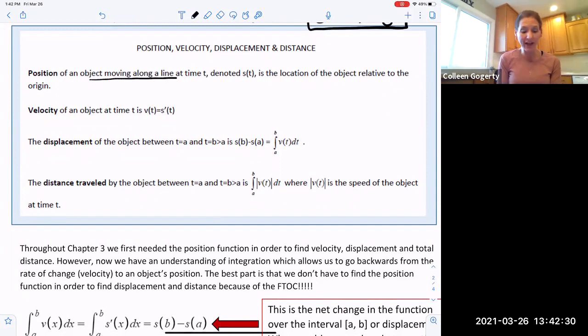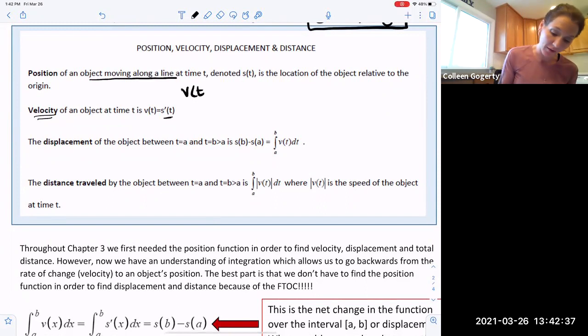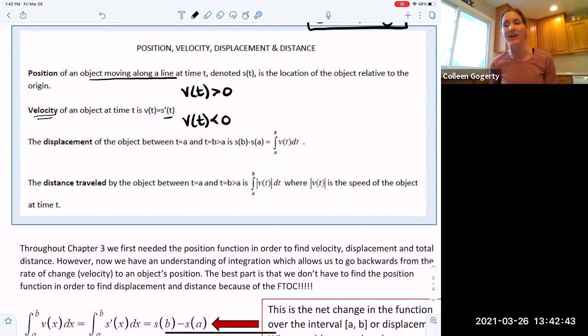We're looking at an object moving along a line, so a straight line. Velocity, we have learned, is the derivative of position. Something else I want to remind you of: if v of t is positive versus negative, that tells us about the movement of the object.